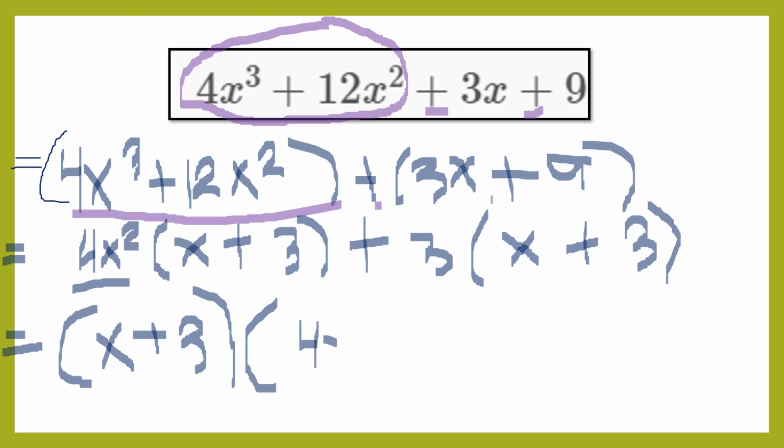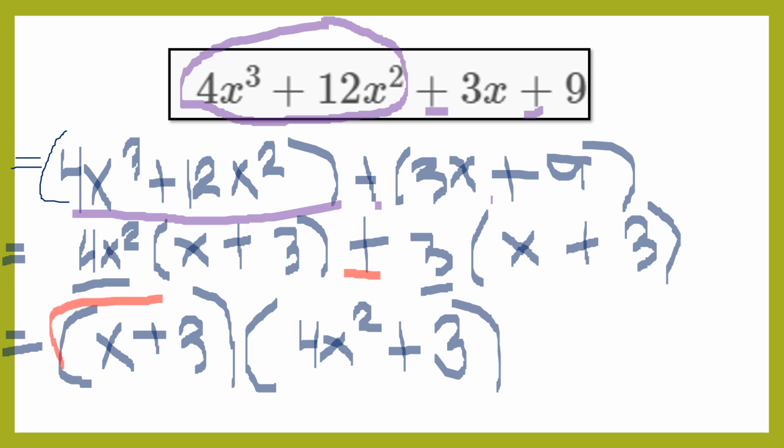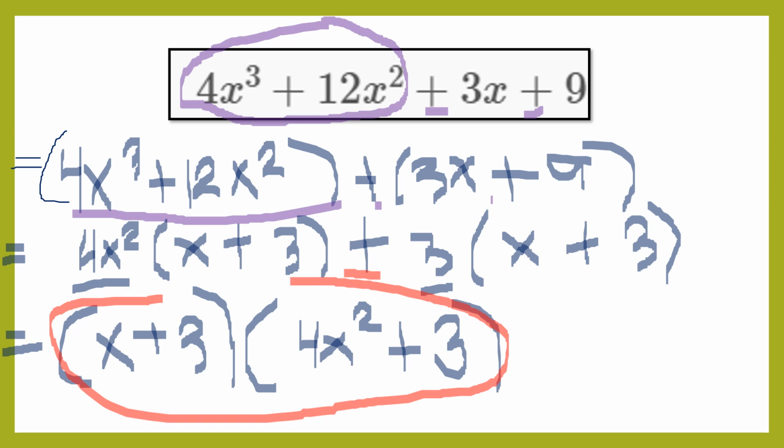Let's copy it. And then copy the operation here. We have plus. The second GCF is 3. And then you close it, which means this is our final answer.